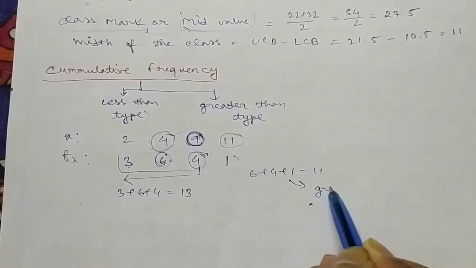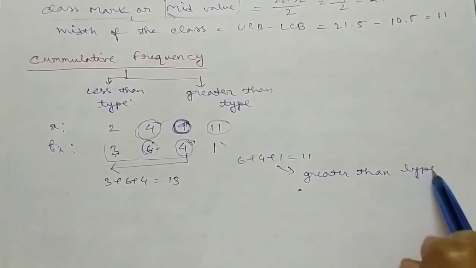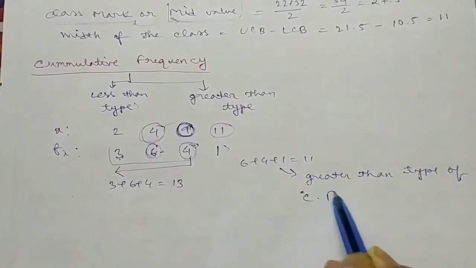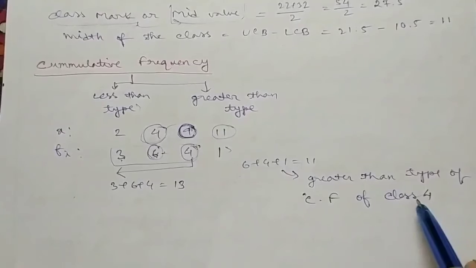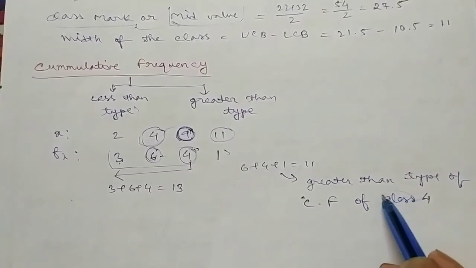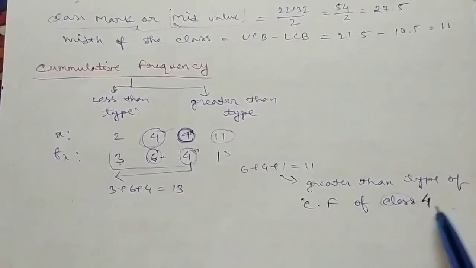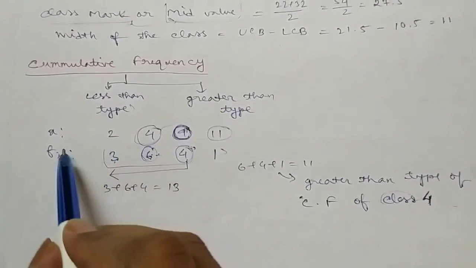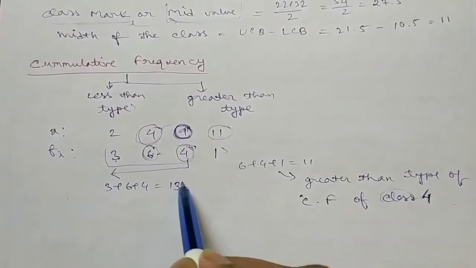So this is the greater than type of cumulative frequency of class 4, or you can say not the class, this is data, x is equal to 4, and for x is equal to 9, the less than type of cumulative frequency is 13.